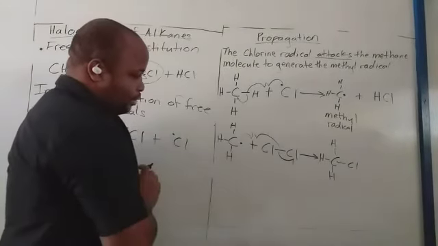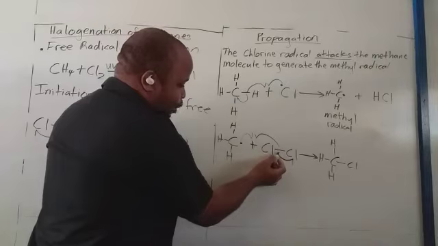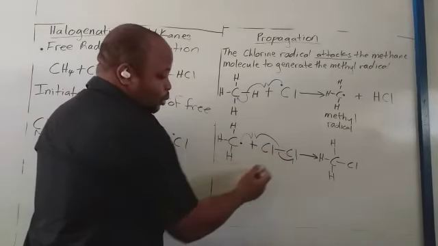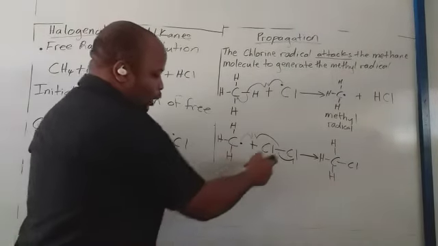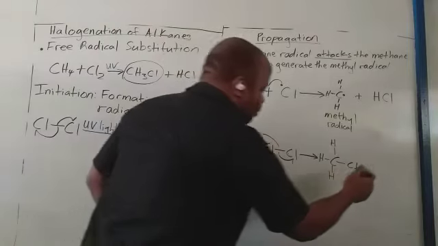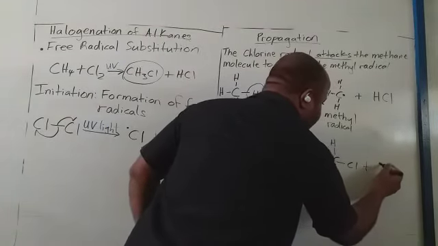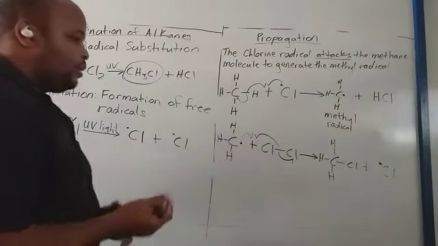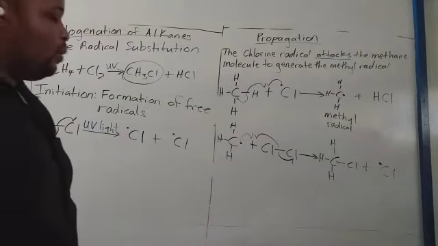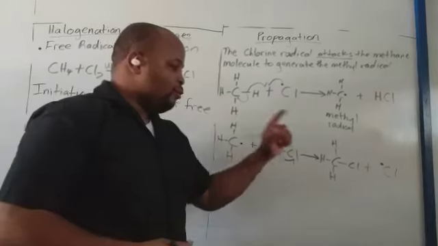What else occurred? The bond between the chlorine atoms was broken, and 1 chlorine atom came off, right, with 1 electron. So there you go. We always generate a radical.